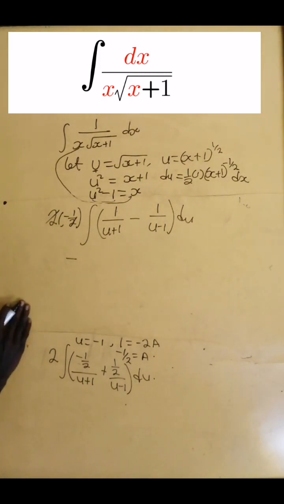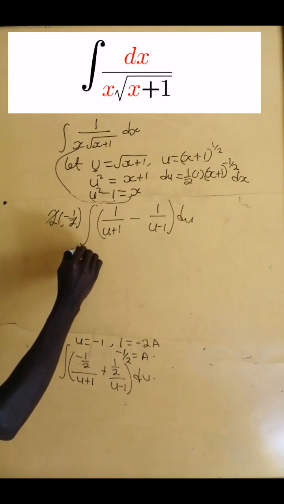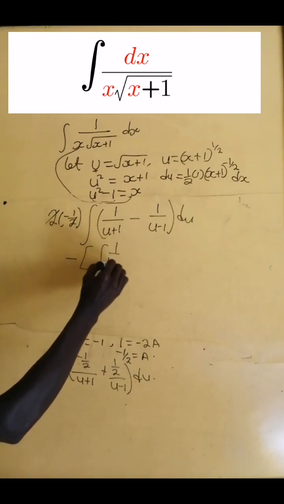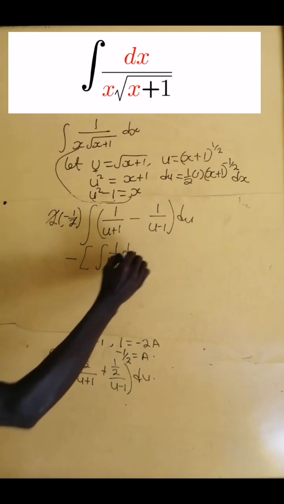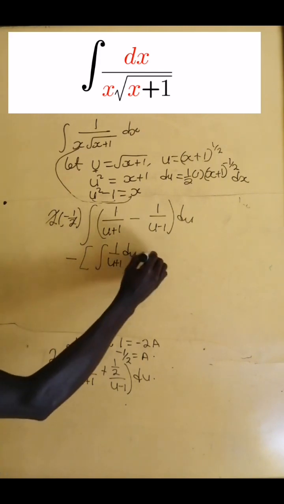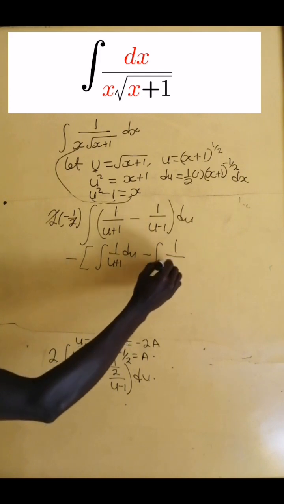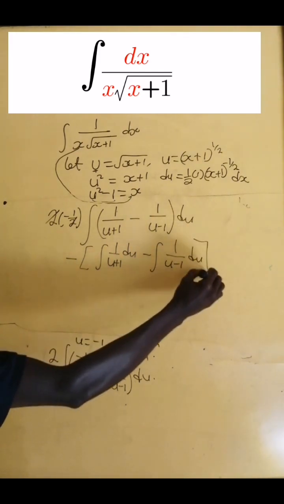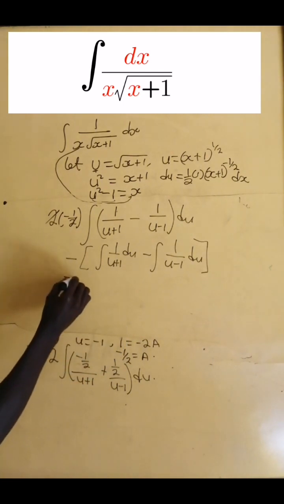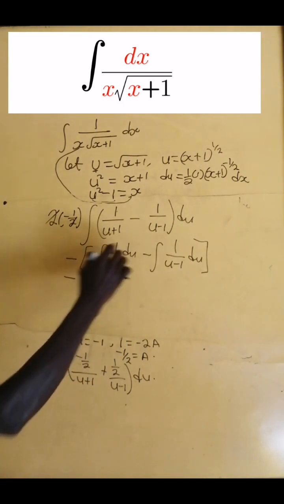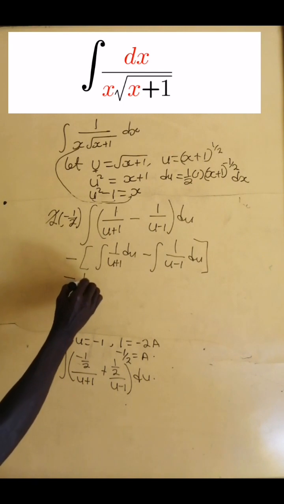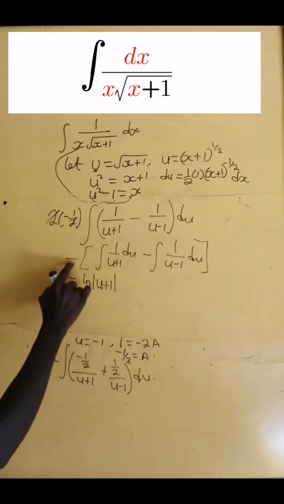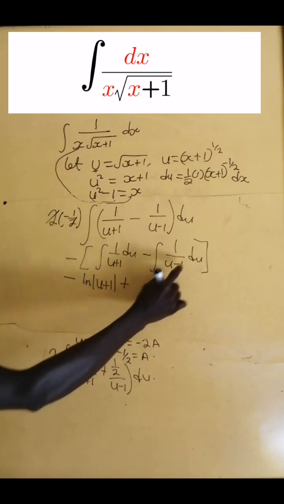So we have negative integral of 1 on u plus 1 du minus 1 on u minus 1 du. That is, if we distribute the integral to each term. So if we integrate 1 on u plus 1, we have natural log of u plus 1. Negative times negative gives positive.